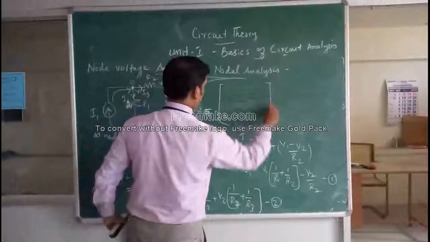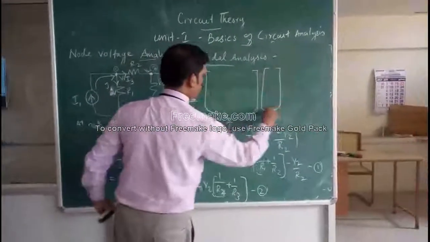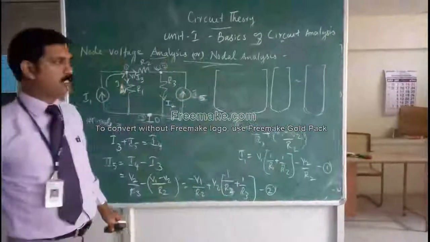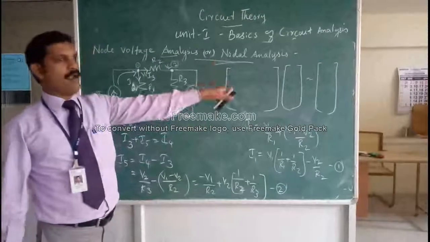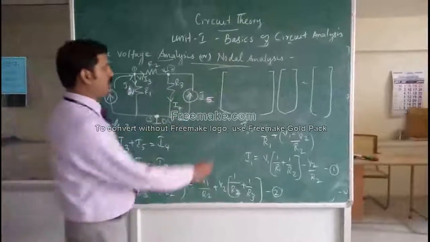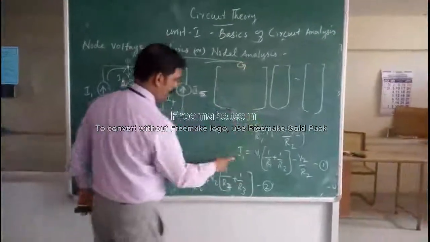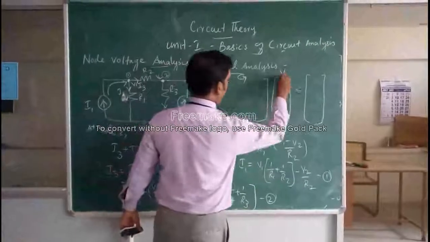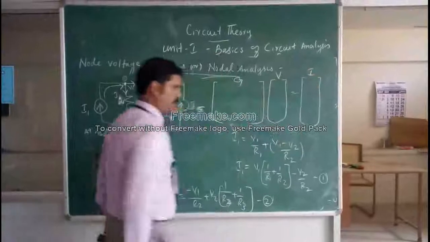So this is your matrix format. In the last topic, mesh loop analysis, we had the R matrix times the I matrix equal to the V matrix. In this case it is the G matrix, because 1 by R values are conductances. So G matrix times V matrix is equal to I matrix.